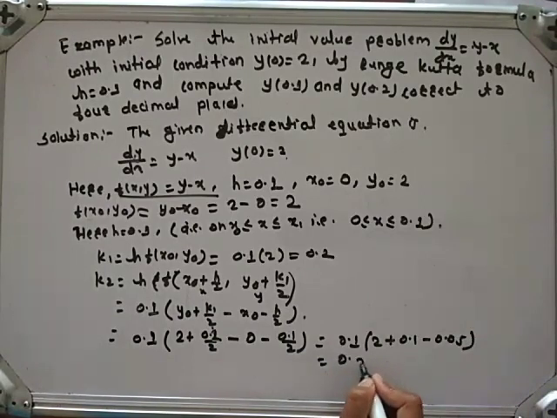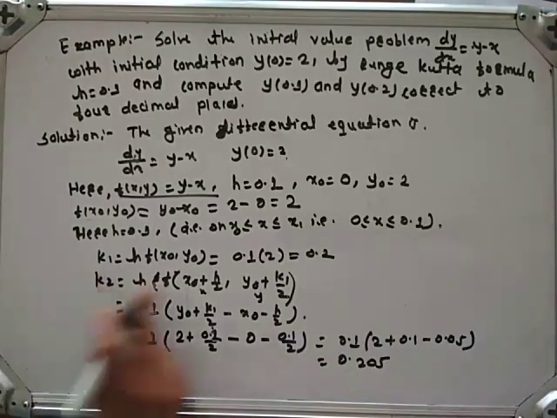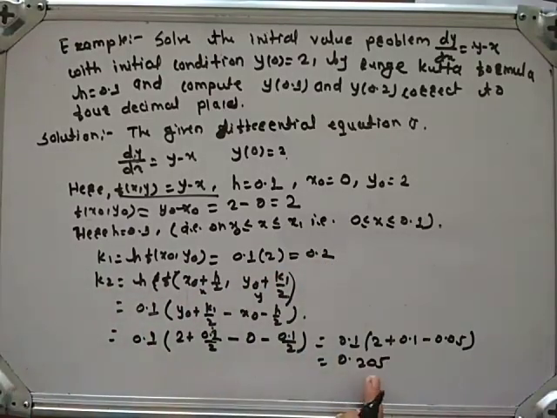Simplify this and you will get the answer 0.205. So k1 is 0.2 and k2 is 0.205.